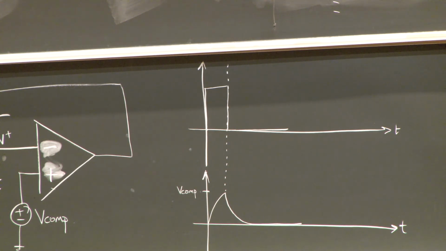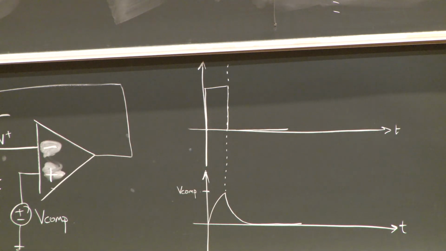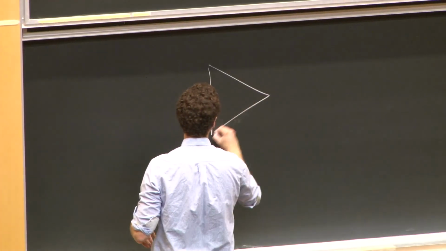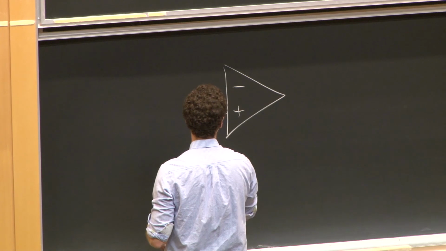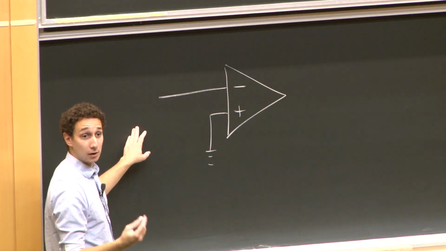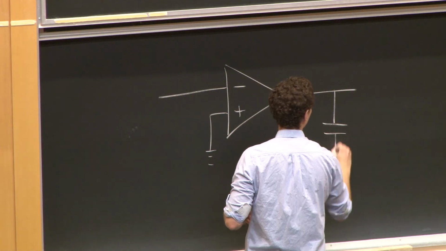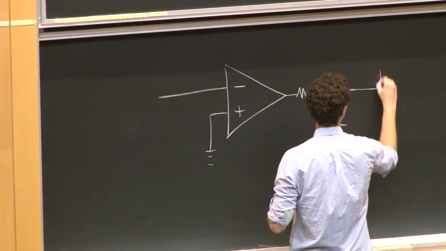And the way that we can actually remedy that is using what's called a ring oscillator, which is taking that same circuit in principle, but now, instead of using a single comparator and a single RC circuit, what we can do is chain 3 of them together.